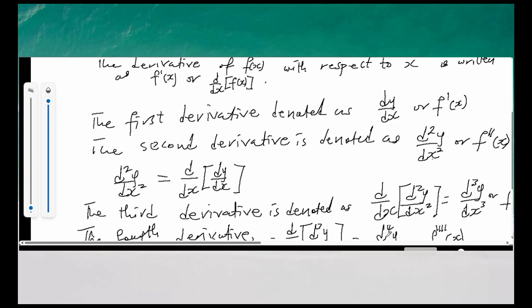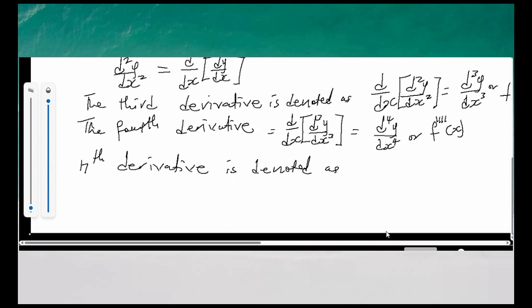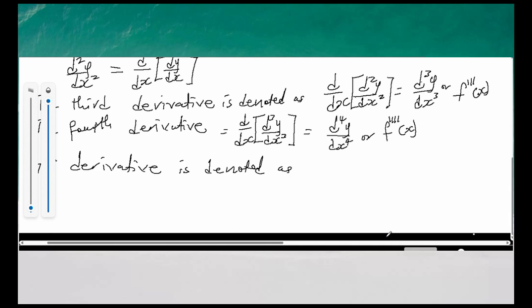The second derivative, we have the d having an exponent of 2, and the x is having an exponent of what? 2. Okay. The third derivative, d is having an exponent of what? 3, and then this x is having an exponent of 3 as well. The fourth derivative, our d is having an exponent of 4, and then the x is having an exponent of what? 4.